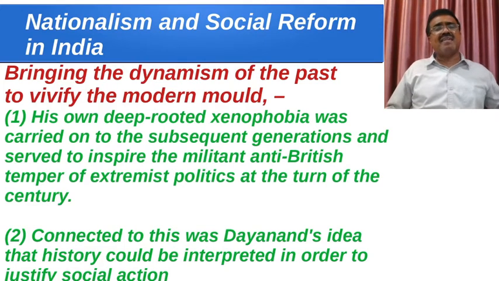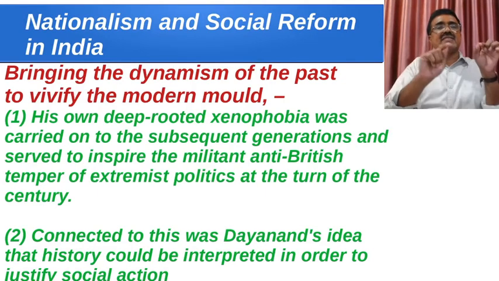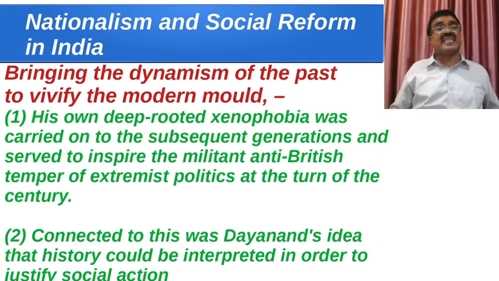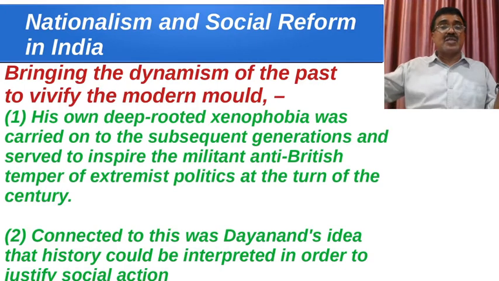We can see that a large number of extremist movements in Bengal, in Punjab, different areas of India sprouted up, and we can see that they borrow their ideas from Dayananda Saraswati to a small or large extent. Of course, a small sector of the extremist movement has ideas from socialism, or what you call communism.